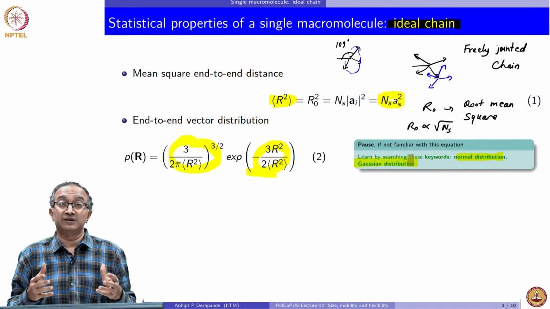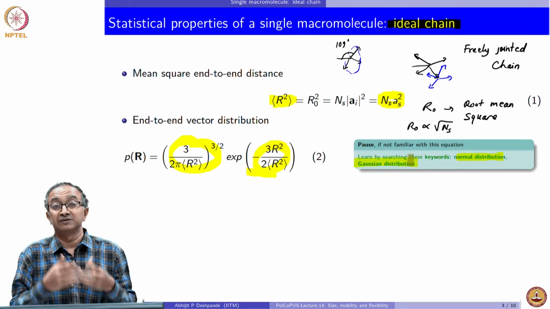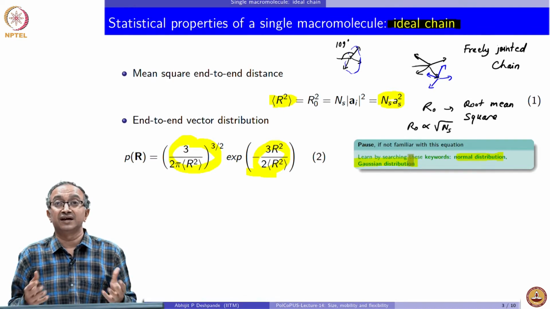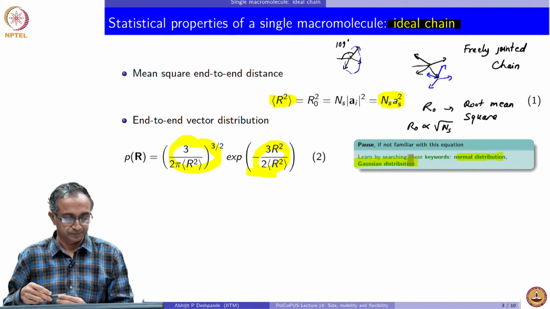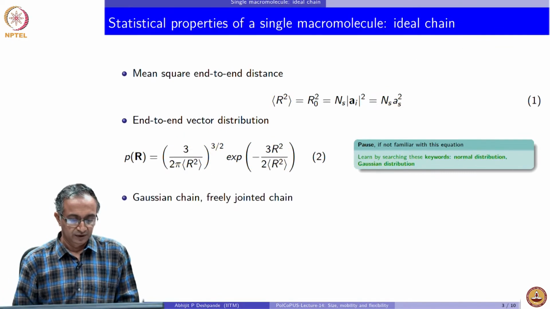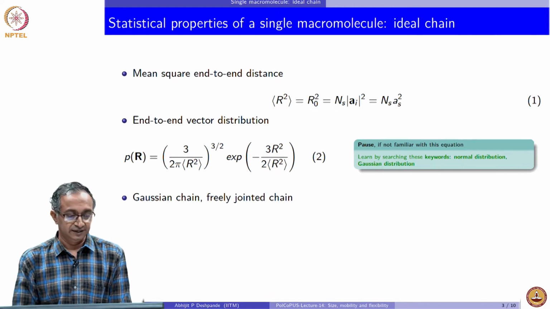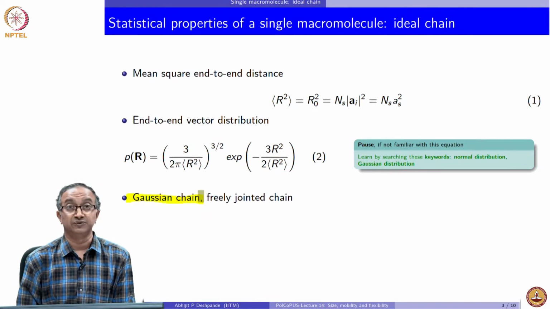So therefore that will lead to a random walk of Ns steps in 3 dimensions, and you can show the distribution will be a Gaussian distribution. So therefore ideal chain is also called a Gaussian chain.